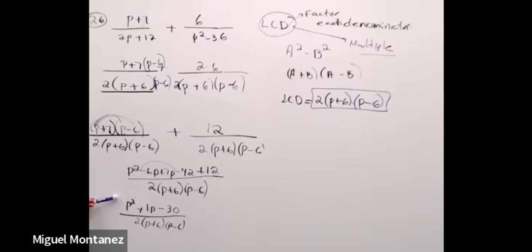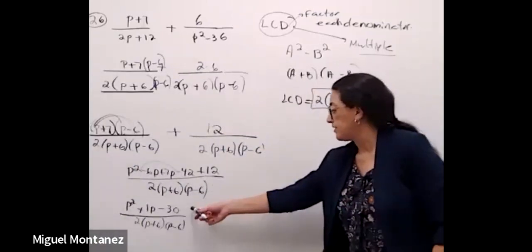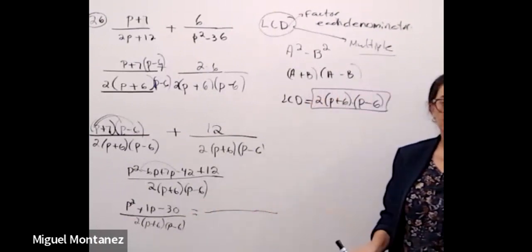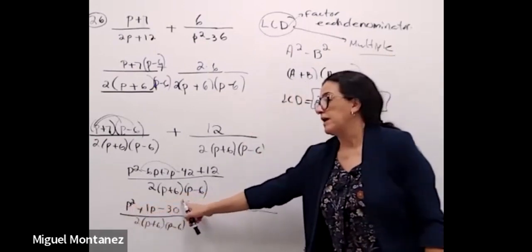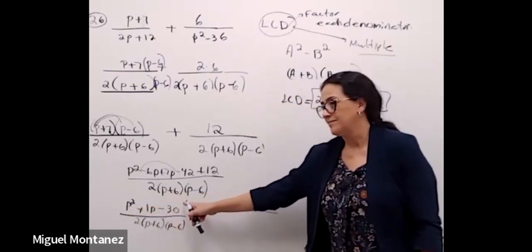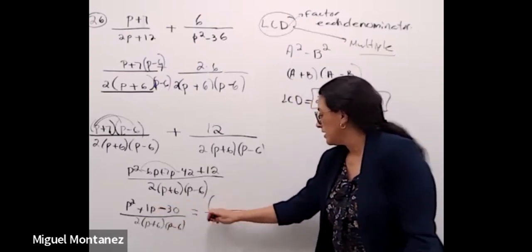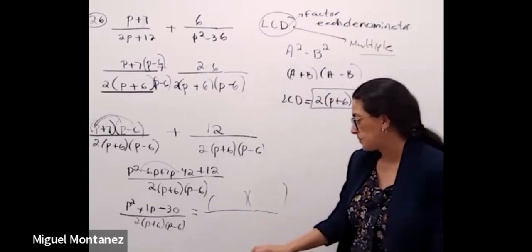Now factor the numerator. How do we factor this? Find the numbers that multiply to give us negative 30, two numbers with opposite signs, but when we add them, we get a positive 1.